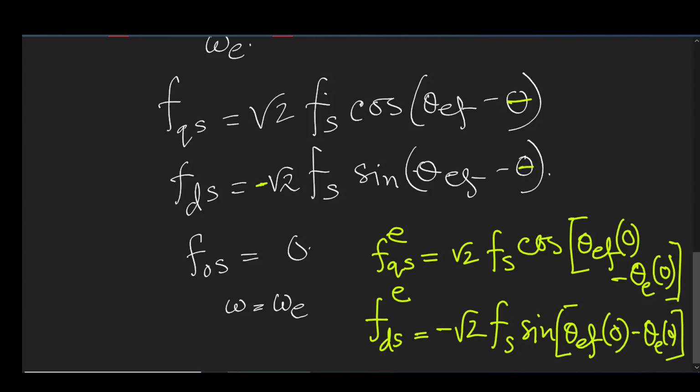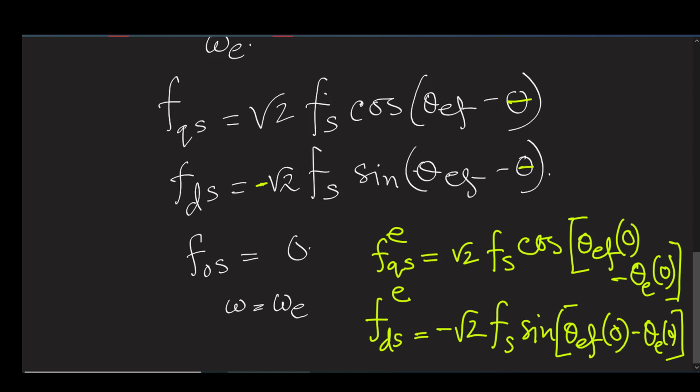There is one reference frame where a constant amplitude balanced set will appear as constants. In other words, what we can say is that if a constant amplitude balanced set appears in any reference frame, then there is another reference frame where this balanced set appears as constant.